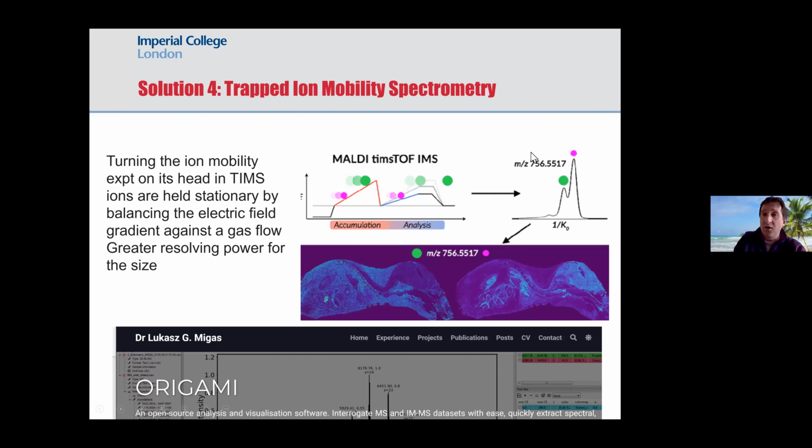So I thought this nicely goes with Zoltan's talk on mass spectrometry imaging. So in this case, again, we've got imaging here, but we're looking at two different isobaric ions here, and we use the TIMS part of the TIMS TOF to separate out these isobaric species and then create two different images.